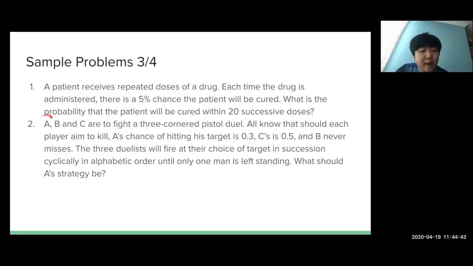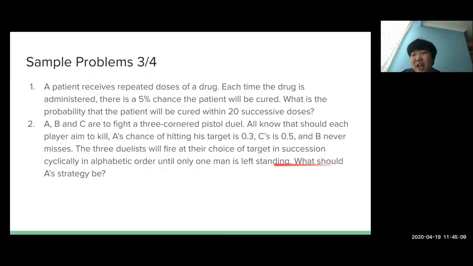And then we go back to A and we cycle through the alphabet an infinite number of times until only one man is left standing. So theoretically, should, for example, B get shot and A and C aim to kill each other, there is an infinite number of pistol shots that can happen until one of them dies, since either of them could suddenly have a stroke of bad luck and miss the rest of their shots for eternity.